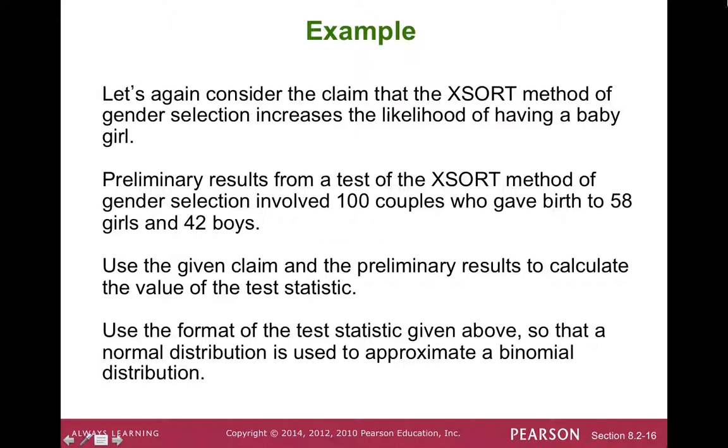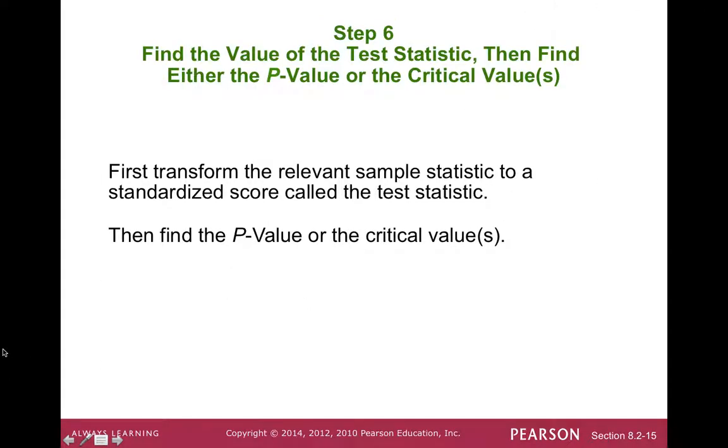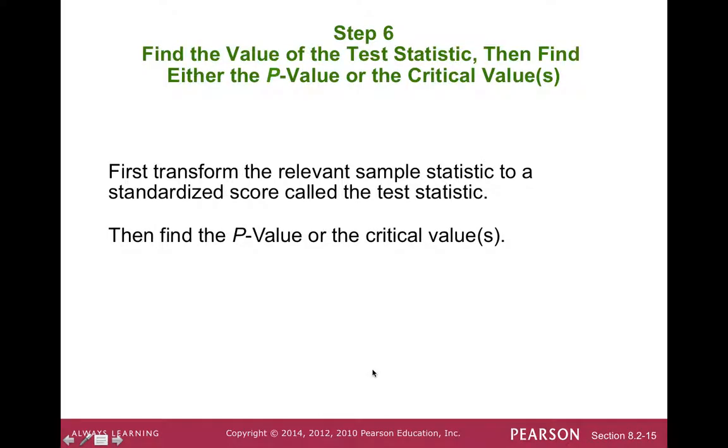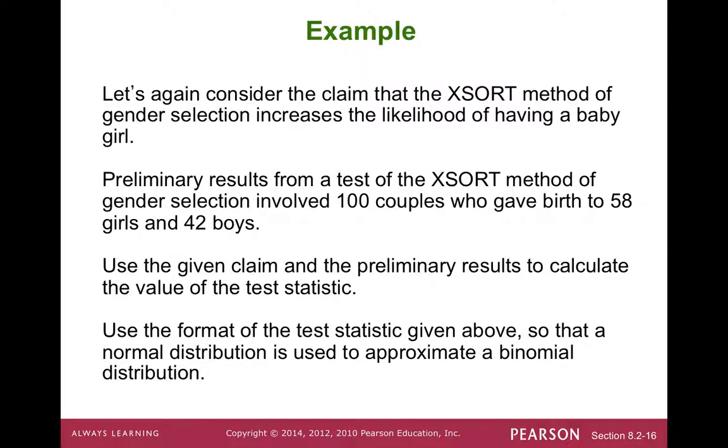And then we're going to use that test statistic basically to approximate our distribution. And from there, we will select whether we're going to have a p-value or a critical value. So let's jump into this.